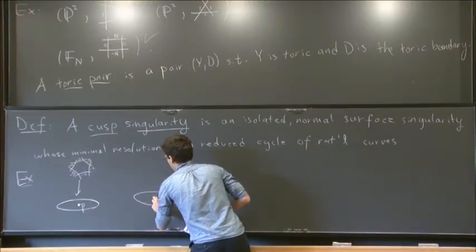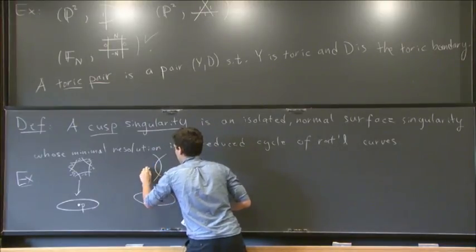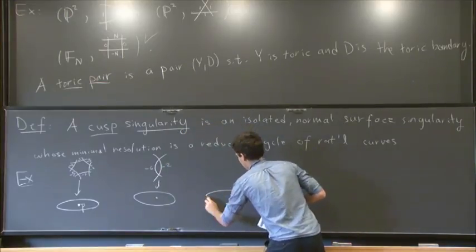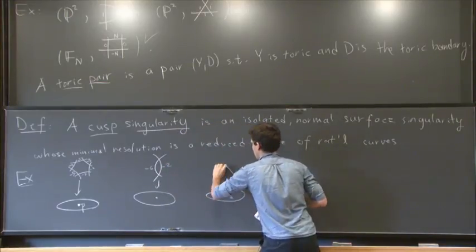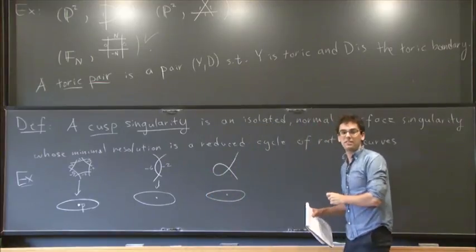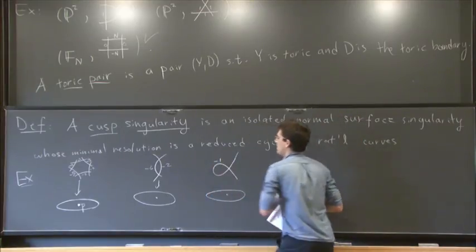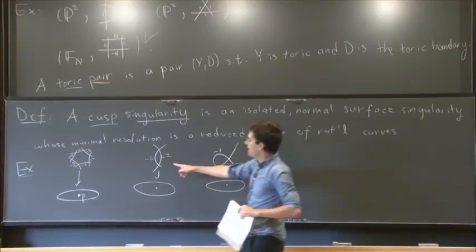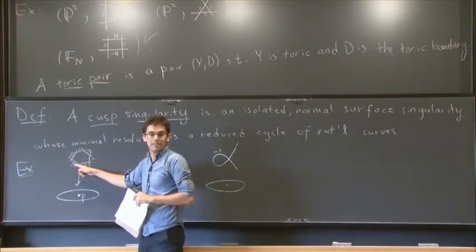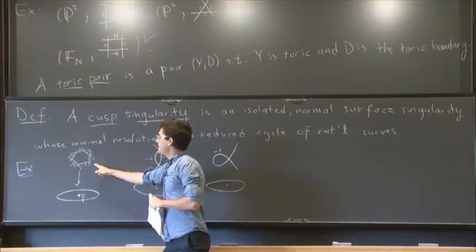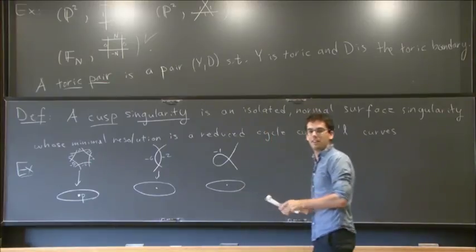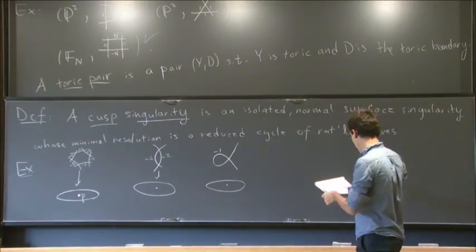Or I'll also draw cases of two components or one component. The one component case is just an irreducible nodal curve. And the condition that this arrangement of curves is contractible is just the condition that the intersection matrix of these components is negative definite. So that's just Artin's contractibility criterion.